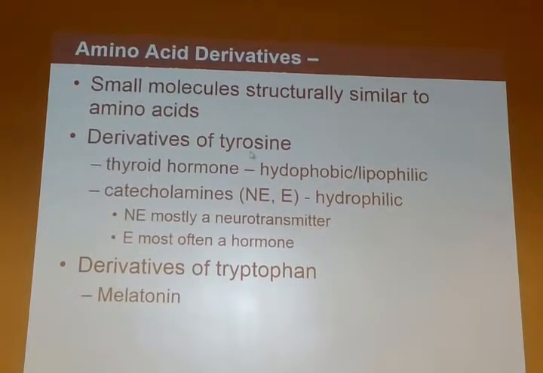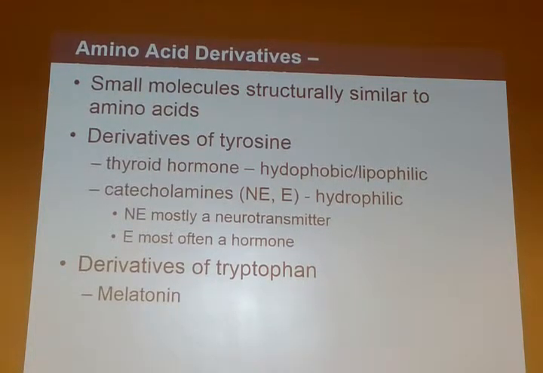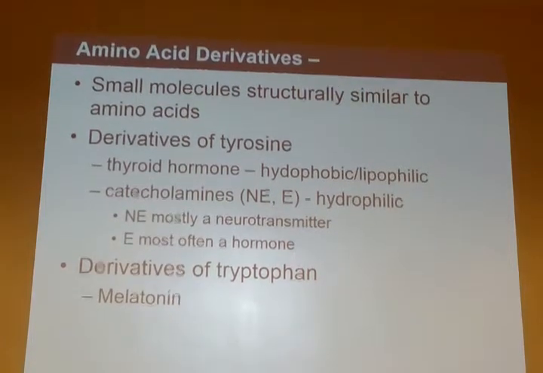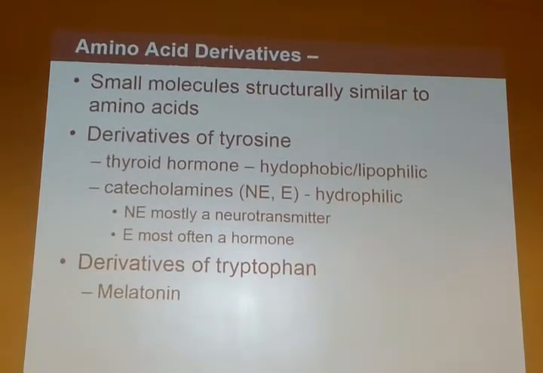Take tyrosine again and have different enzymes act on it. You can make dopamine. With another enzyme, you can take dopamine and convert it to norepinephrine. With a third enzyme, you can take norepinephrine and make epinephrine out of it. So the adrenal medulla has all 3 enzymes.